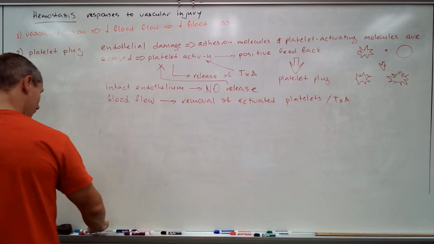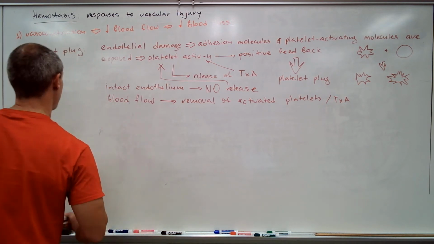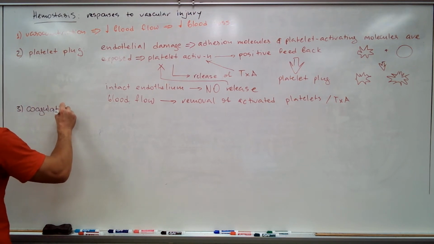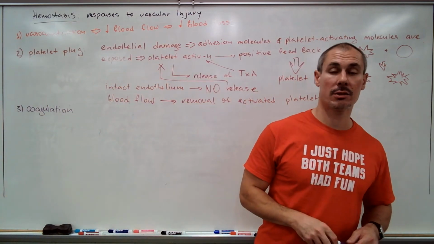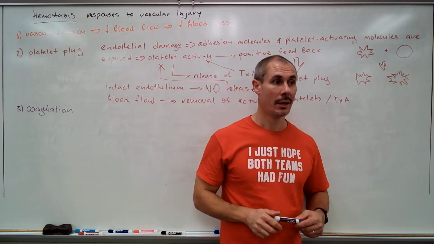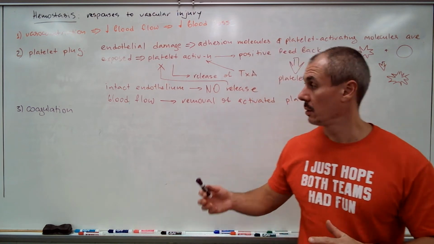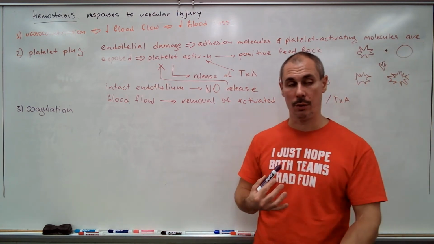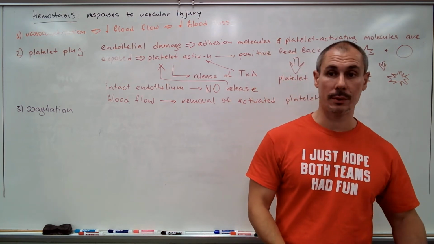Now, the last step that we need to address here is coagulation. So coagulation refers to the activation of the proteins, coagulation factors, in the plasma. Now, bear with me. I'm going to tell you what you need to know, but I'm not going to put this on the whiteboard because it's kind of memorizable.